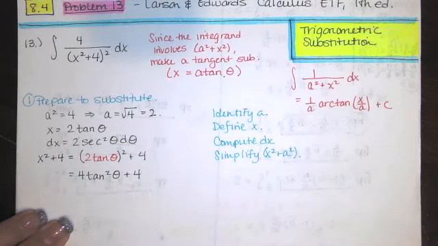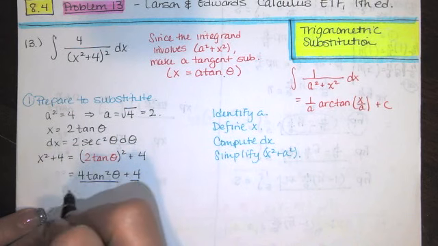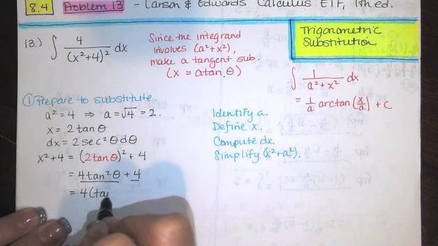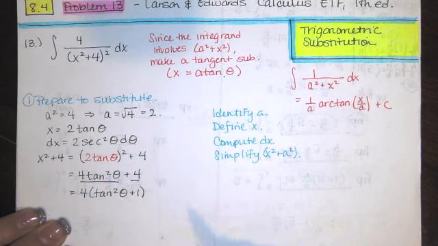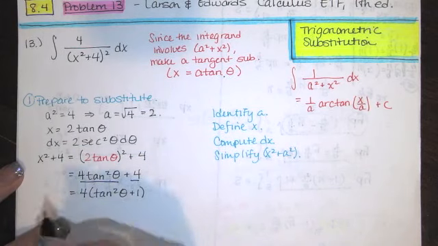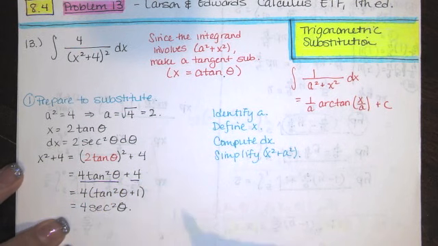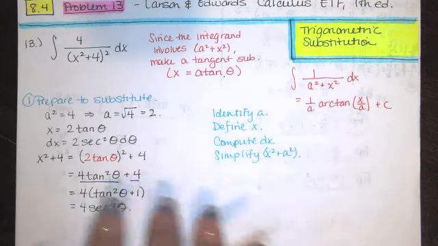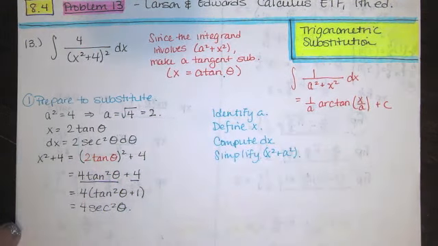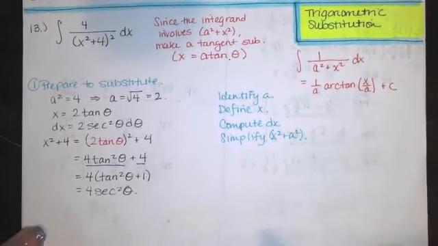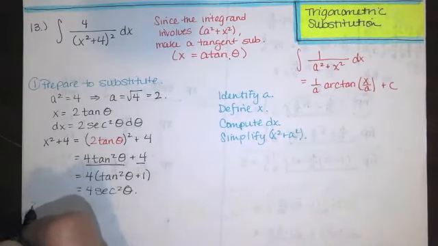And then I look at these 2 terms and I see that they have a 4 in common, so I factor that out. And then I look at what's left and I say tangent squared plus 1 is actually secant squared. I've got a Pythagorean identity that tells me that that's true. Okay, so we've done all of this. We're prepared to substitute. Now let's actually substitute, simplify, and compute that antiderivative.